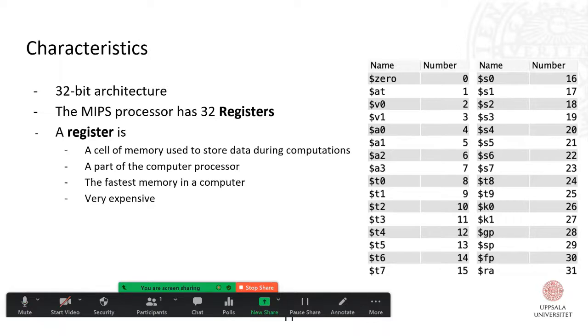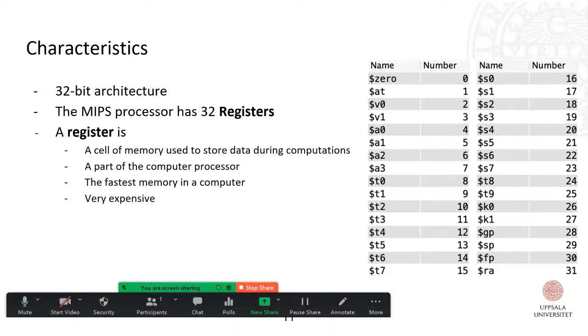A register, as I said, is a cell of memory used to store data during computations, because a processor cannot directly access the main memory of the computer to use its data for computations.